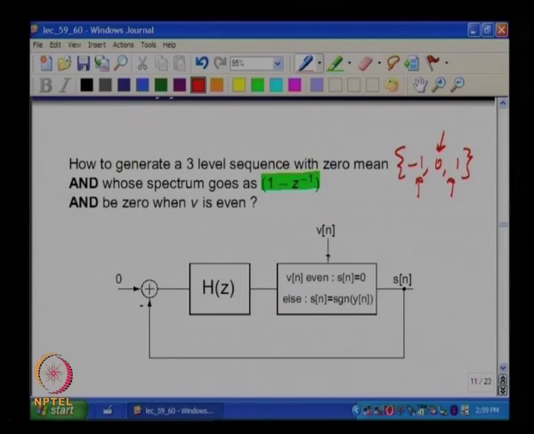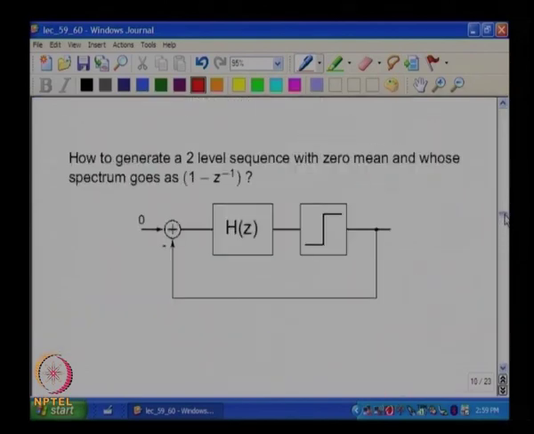So, this is some special kind of quantizer, right. You impose more conditions on the quantization, that is all. So, you first have a block which satisfies all your conditions. This is exactly analogous to what we did earlier.